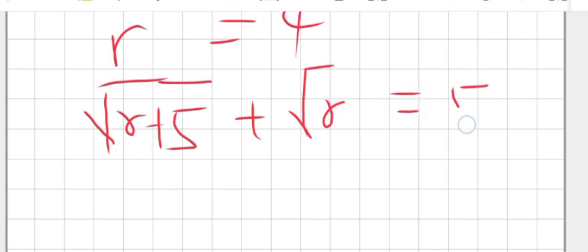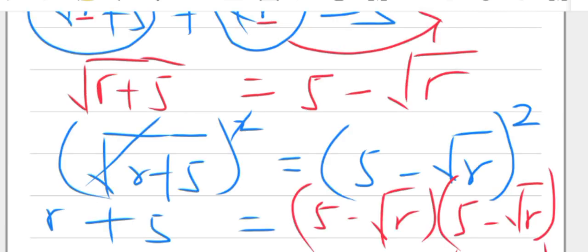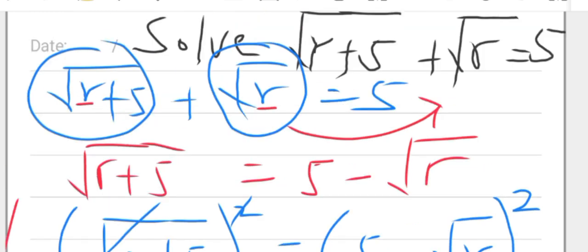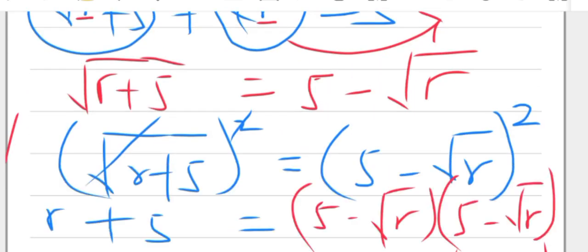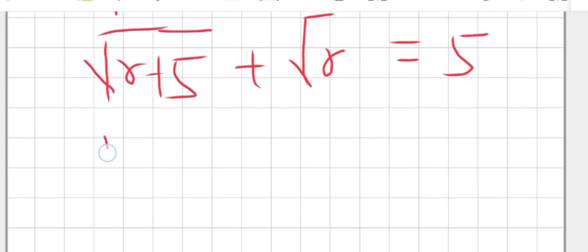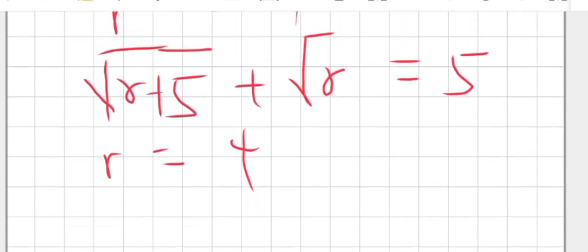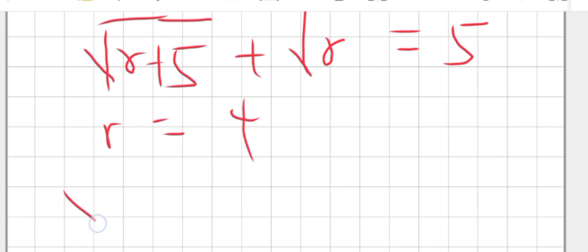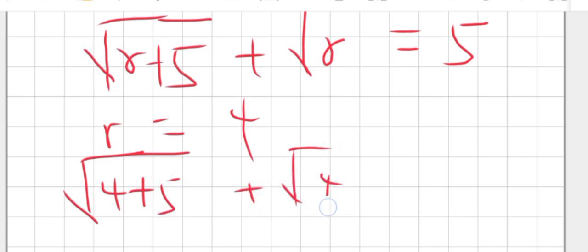Let's check. Yes, that's the question. When we worked it out, we obtained r to be 4, so let's put 4 there to see if it works. We have root of 4 plus 5, plus root 4, which should be equal to 5.